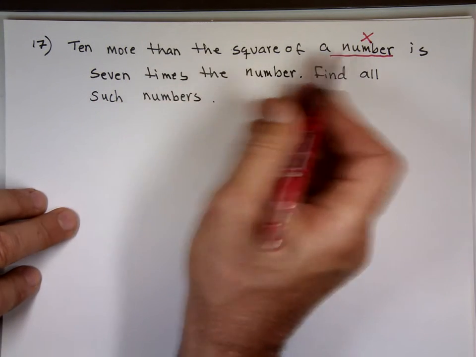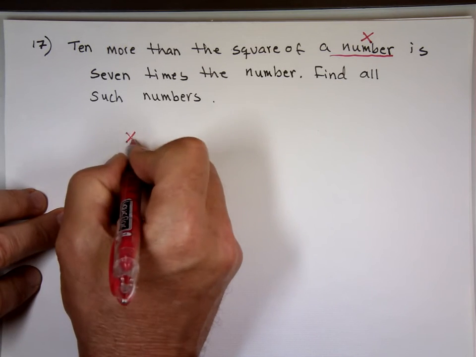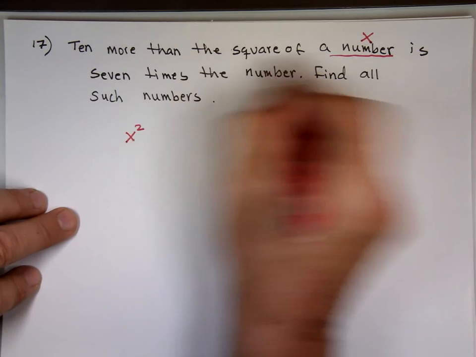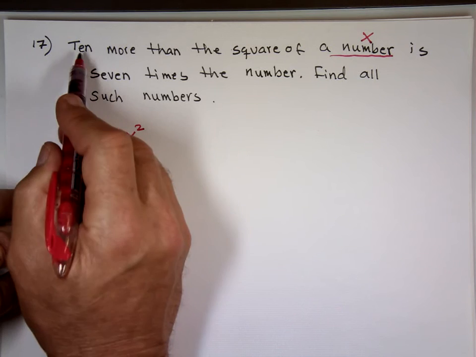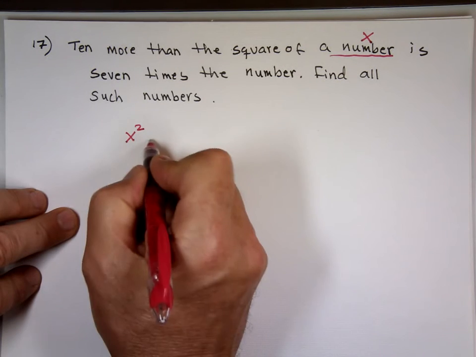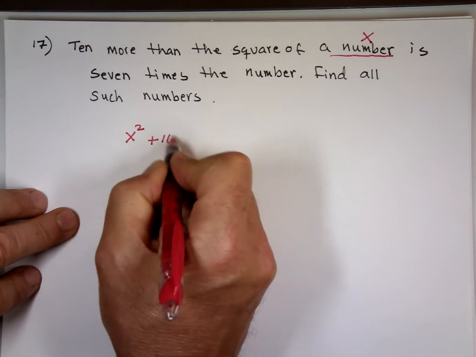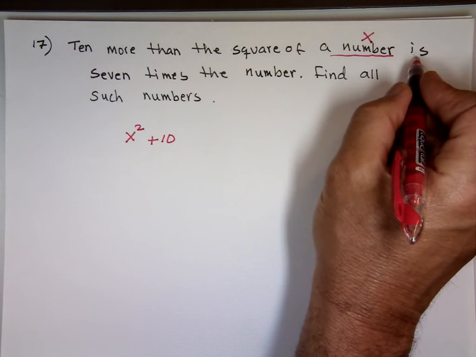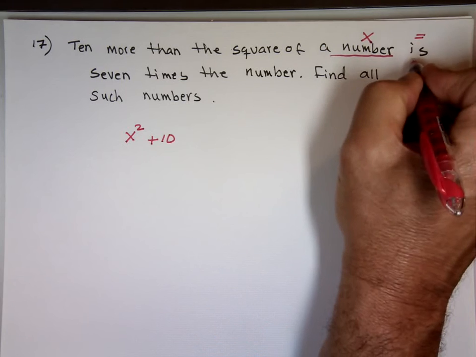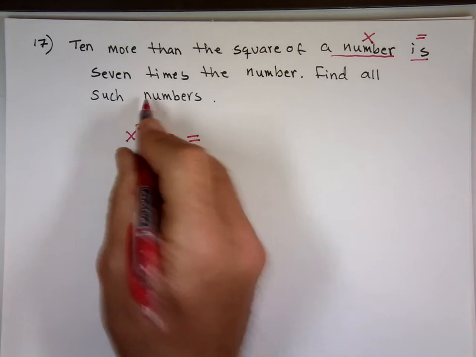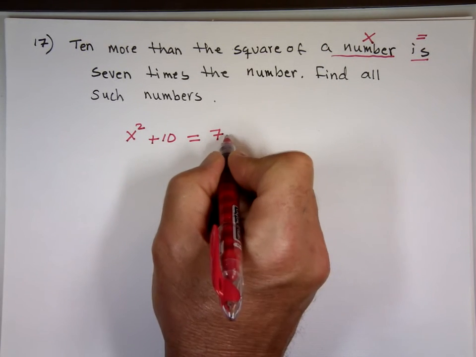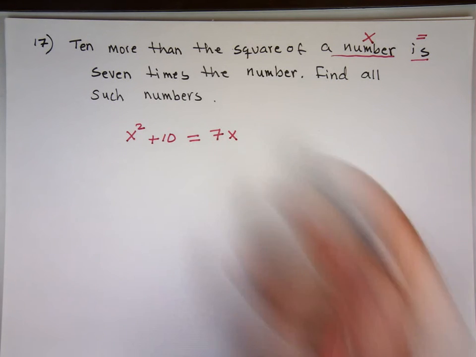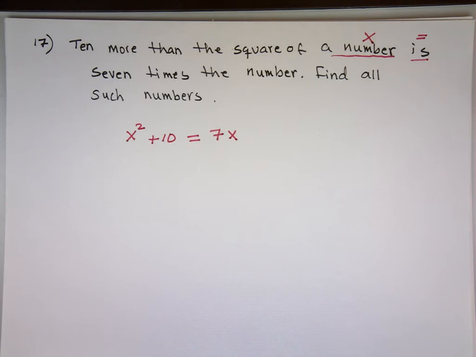That's X squared. 10 more than that means add to it 10. Is means equal. 7 times the number. The number is X. So now let's go through it and see if we can solve that. Find what the numbers are. Bring everything to one side.